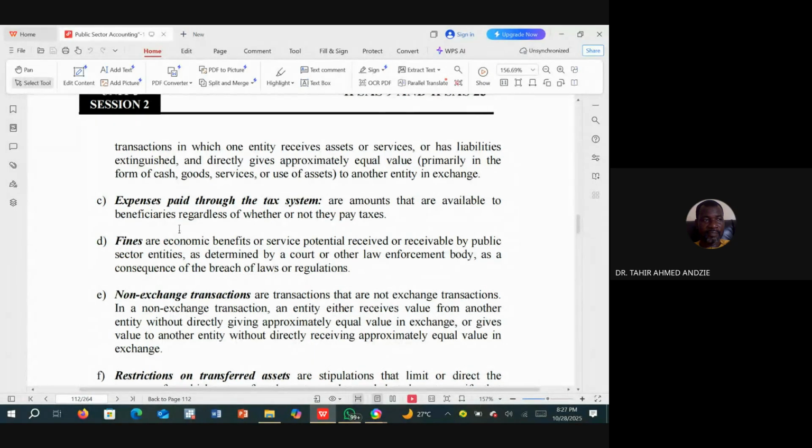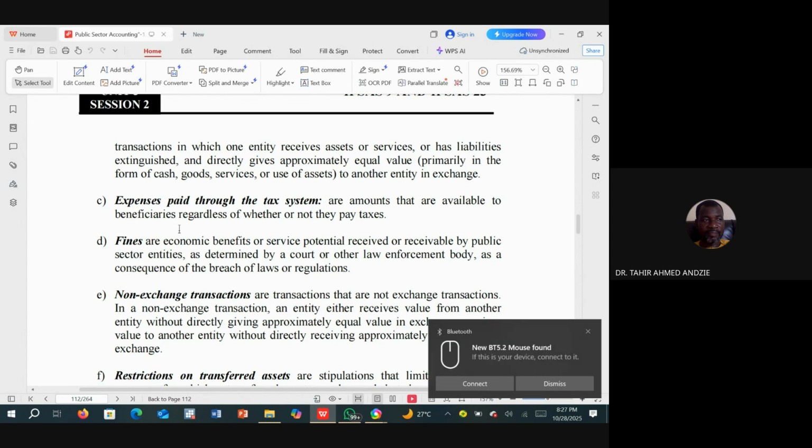So once you receive taxpayers' money, whether you pay tax or not, you do not give anything in exchange. That is an example of non-exchange transaction.